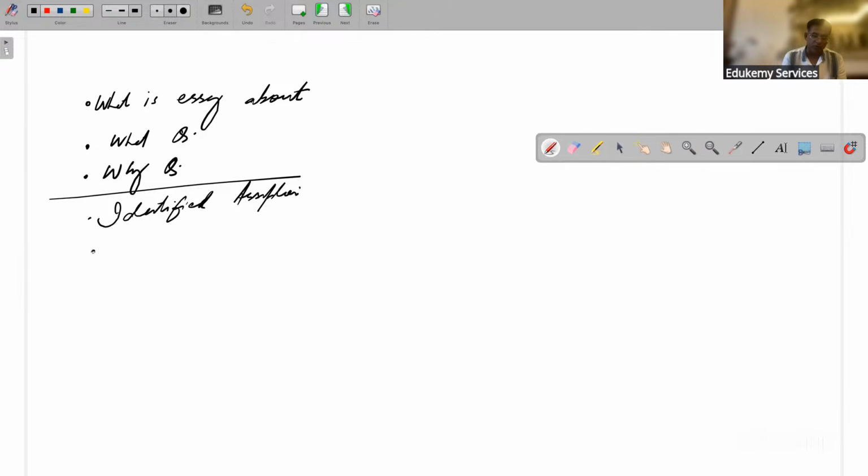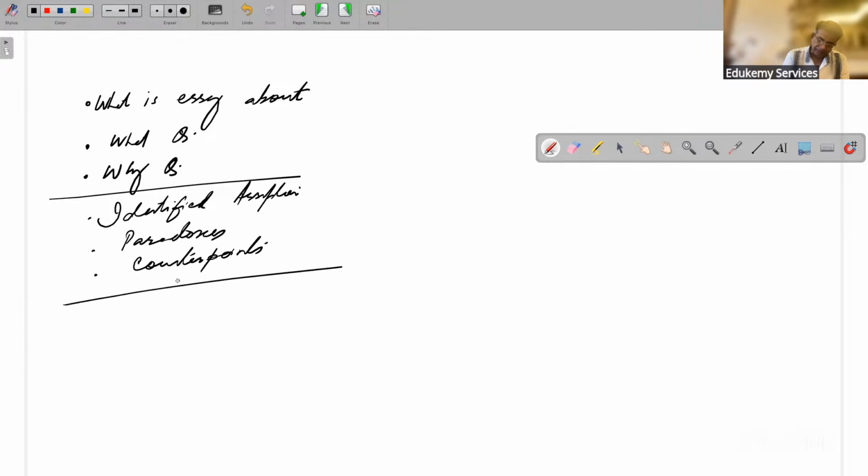And then I moved into finding paradoxes. Then I moved into identifying the counterpoints. These three open up the topic, and this helps me go deep. I will take up one more topic so that you understand the process.